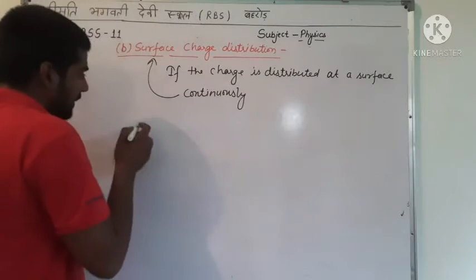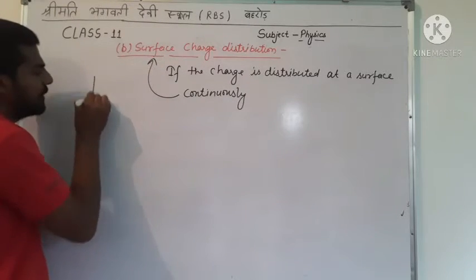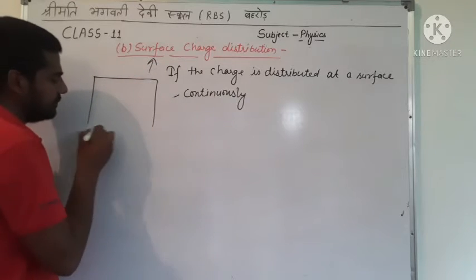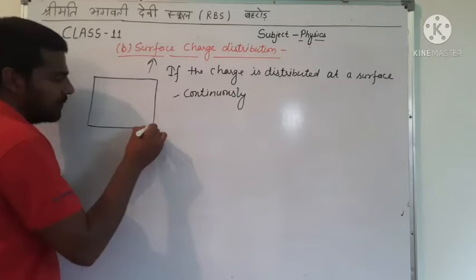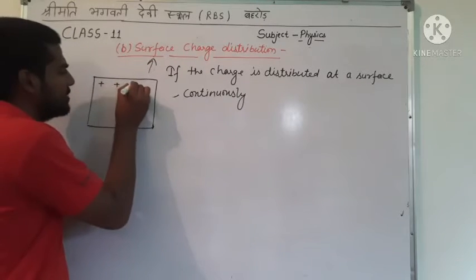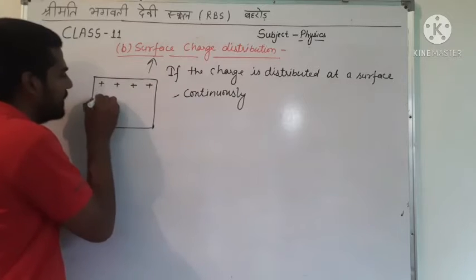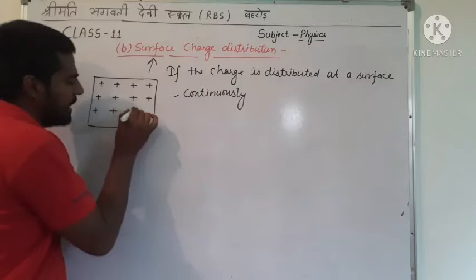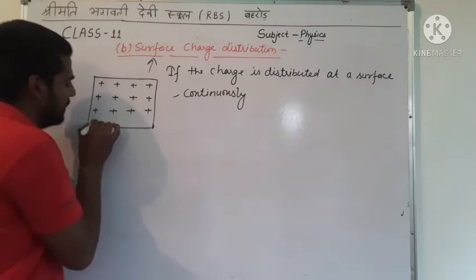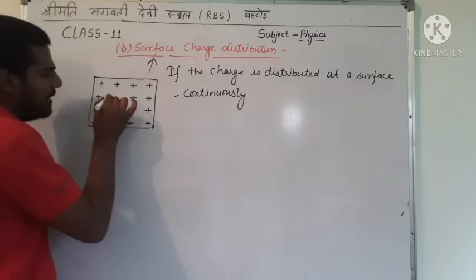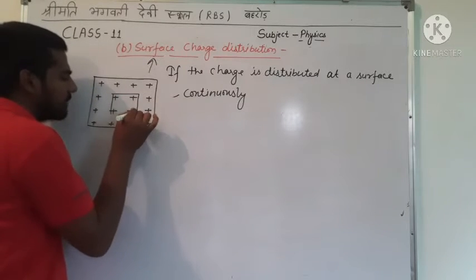Okay, let us consider we have a surface. This is a surface, and the charge is continuously distributed at the surface. Let us consider a small area.